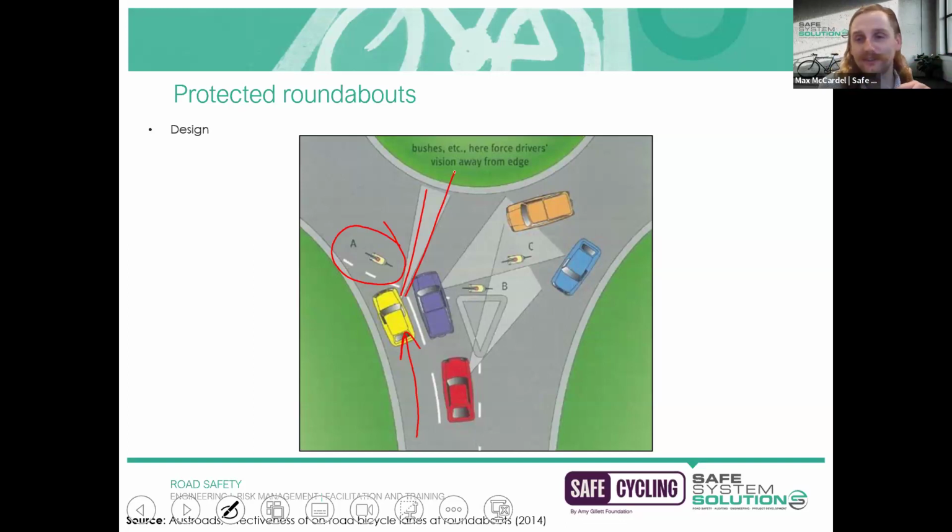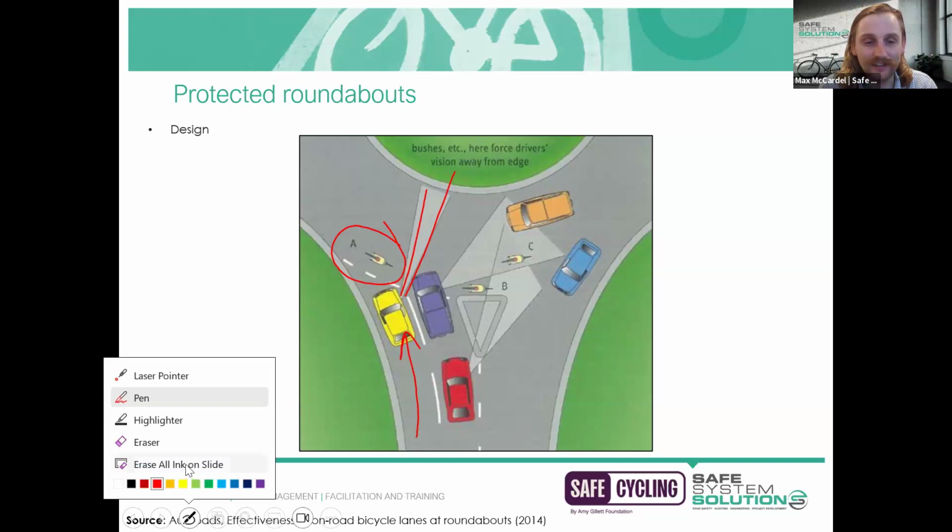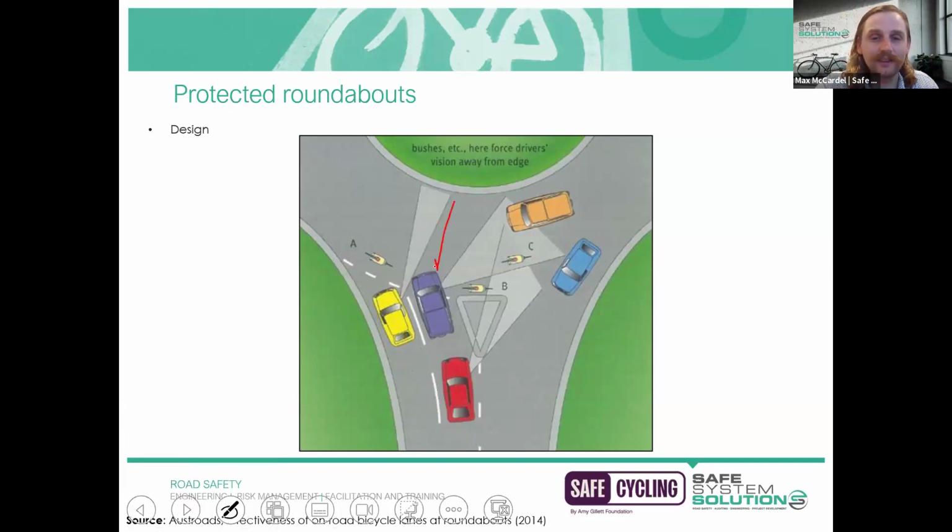And also, if you look carefully, you can see in this scenario, I'm going to call that a purple vehicle. The purple vehicle has already started to enter the roundabout. So the yellow vehicle may just take that as a cue, I'm good to go, and completely ignore anything else that's going on in front of them, significantly increasing the risk of a collision with the rider at that location. So I think there's validity in saying that one.